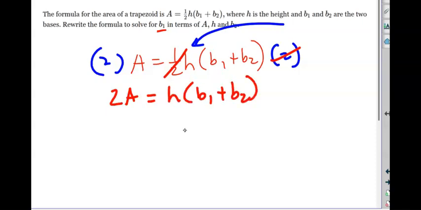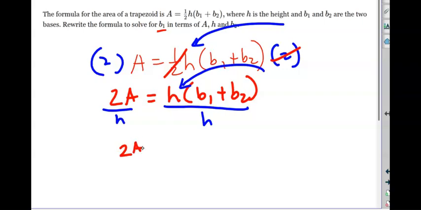Leaving me with h times the quantity b1 plus b2. Next is to remove what's outside of the parentheses. So we're going to divide by h. Since nothing is multiplying the quantity anymore, I can erase these parentheses.